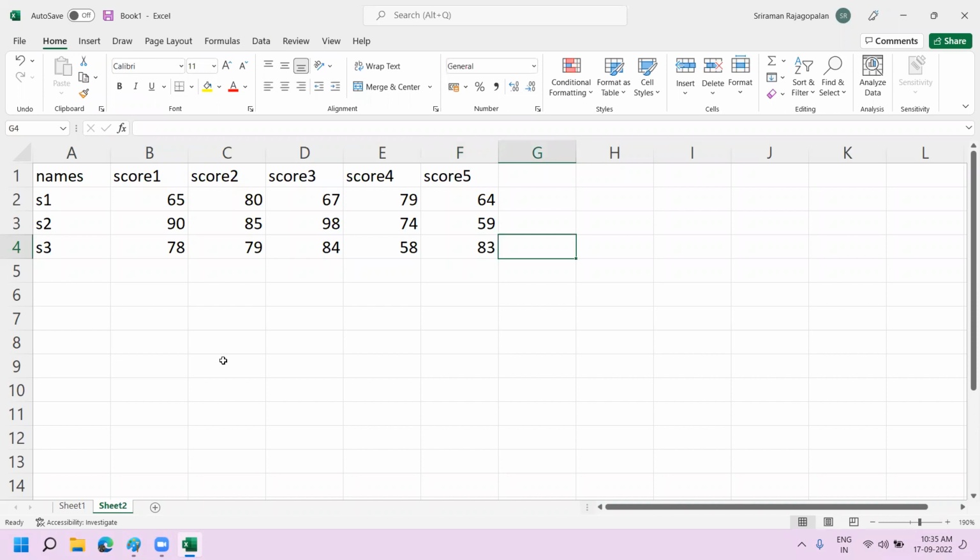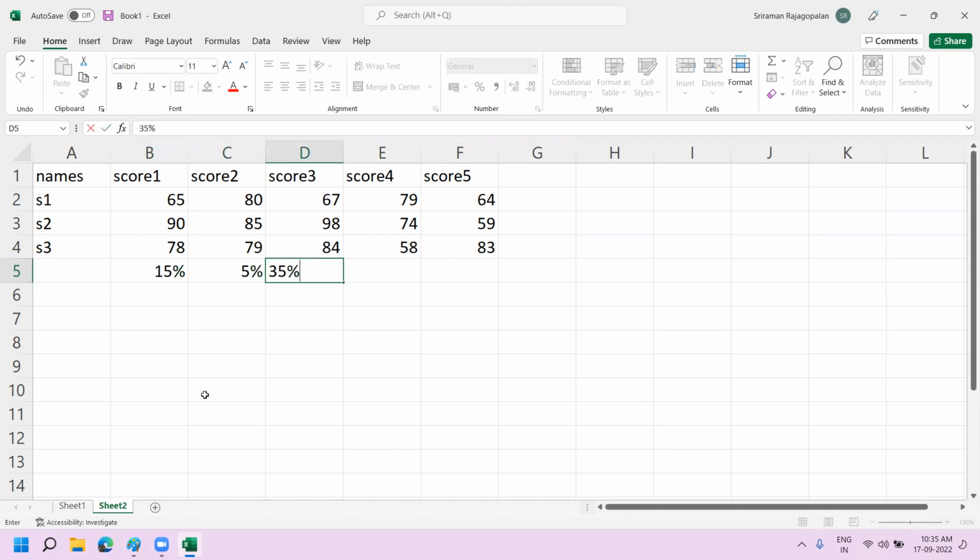And the weights that I'm going to take. So for score 1, the weight will be 15%, 5%, 55%. So 15 plus 5, 20, 20 plus 5, 55, 55 plus 15, 70.